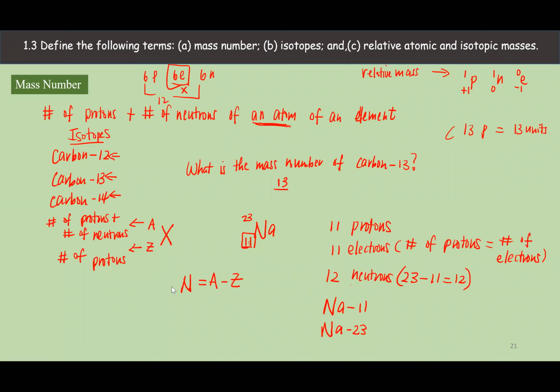Vish, is it 11 or 23? I said 23 as well. 23 as well? Okay, that's how we did it before. Right. So the correct response is that it is 23, and it is 23 because writing it as Na11, right?